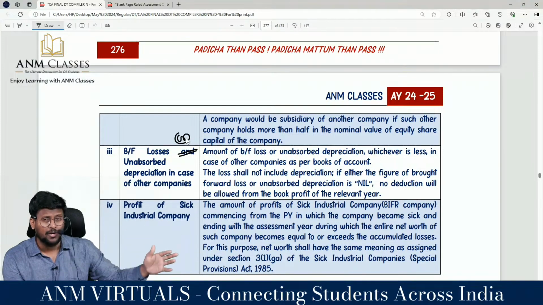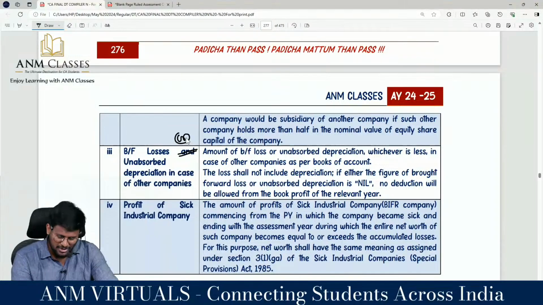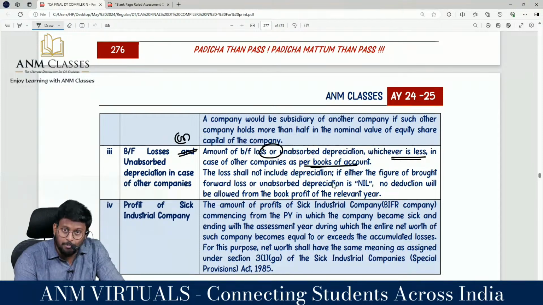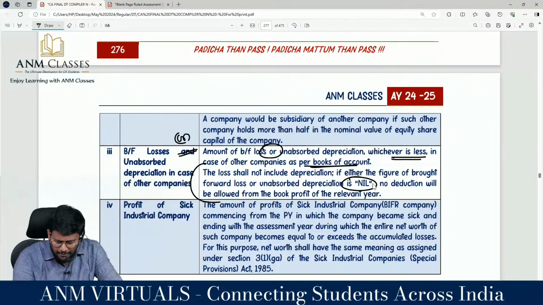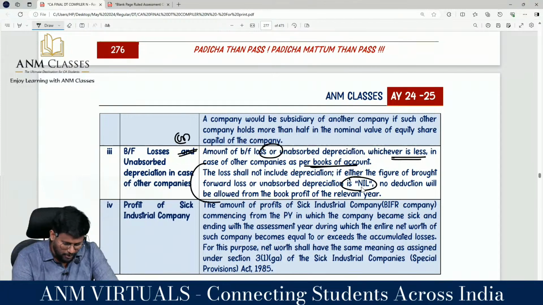They can carry forward for next years and they can set off. There is no time limit. Fantastic, sir. Amount of brought forward loss or unabsorbed depreciation, whichever is lower, in case of other company as per books. But if one of the items becomes nil, either brought forward business loss or unabsorbed depreciation, then whichever is lower, automatically that point will become nil.